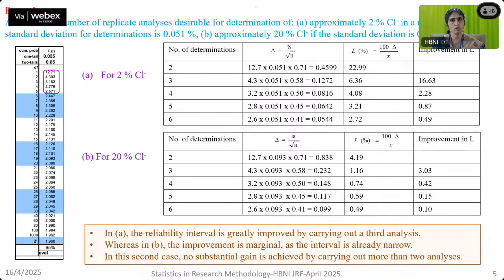The interval is narrow due to the presence of X in the denominator of L. That is why when you do a classical analysis of any analyte, 2 to 3 repeated measurements suffice. But when you determine an element or analyte at the trace or ultra trace level, one has to do repeated measurements to ascertain the presence or absence as well as to improve the precision.